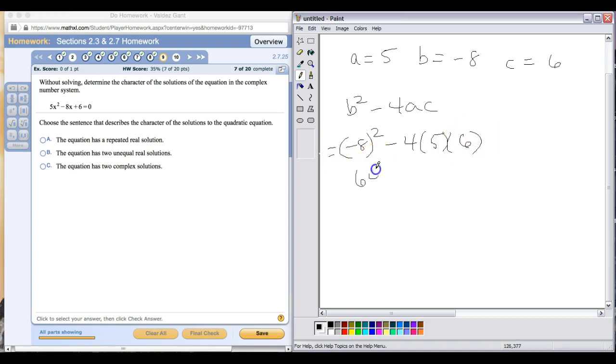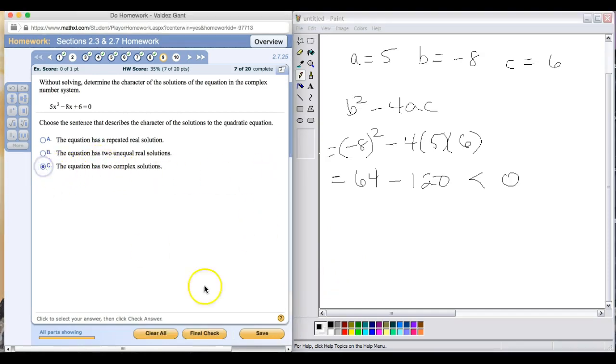We have 64, and 4 times 5 is 20, 20 times 6 is 120, so 64 minus 120. We know that's going to be negative. So in this case, we're going to have two complex conjugate solutions.